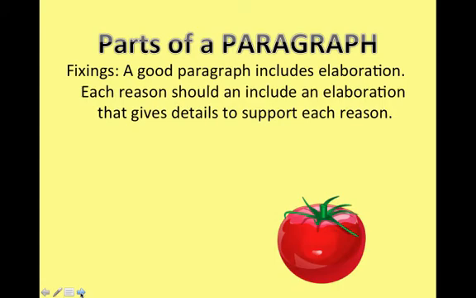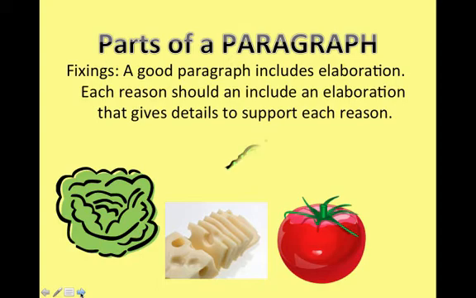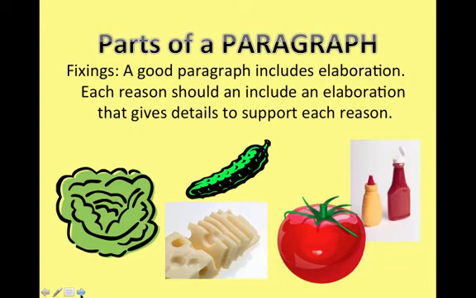So fixings includes, and you always hear me say this, elaboration, which includes details that support each of your reasons. All right. So those are your fixings. So that's like your lettuce, your tomato, your onions, your cheese, things that spice up the burger or make it even better. Pickles, whatever you like, ketchup, mustard.